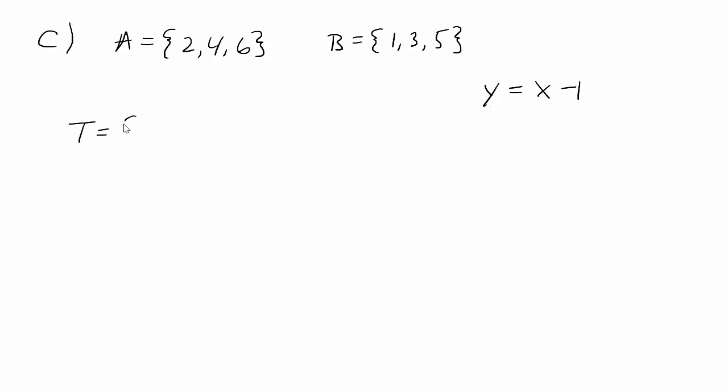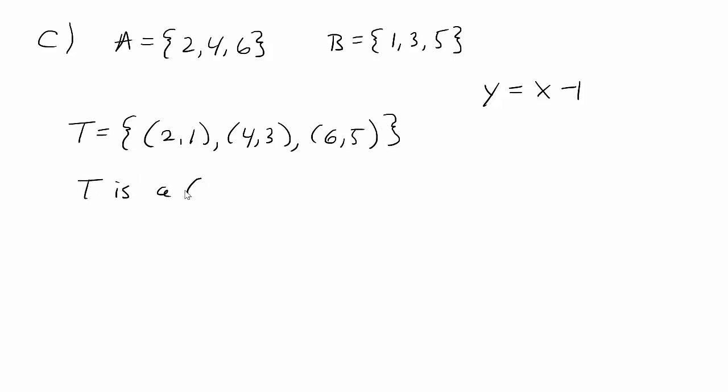So T is going to contain the ordered pairs (2, 1), (4, 3), and also (6, 5). So those are the 3 ordered pairs that are in T. So this is a function. T is a function. It satisfies both properties.